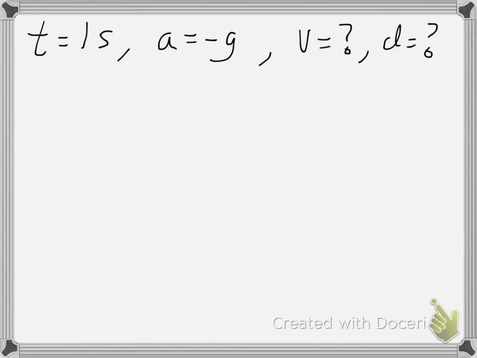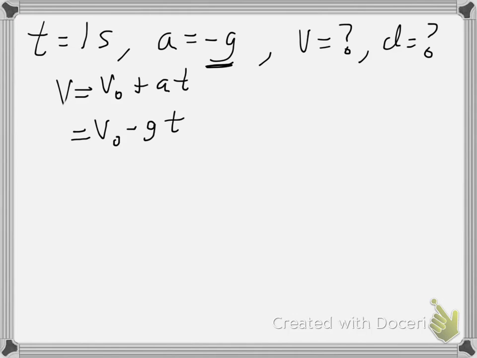Now remember that velocity, not initial velocity, but final velocity, is equal to initial velocity plus at. But a equals negative g, so this is going to be v0 minus gt.